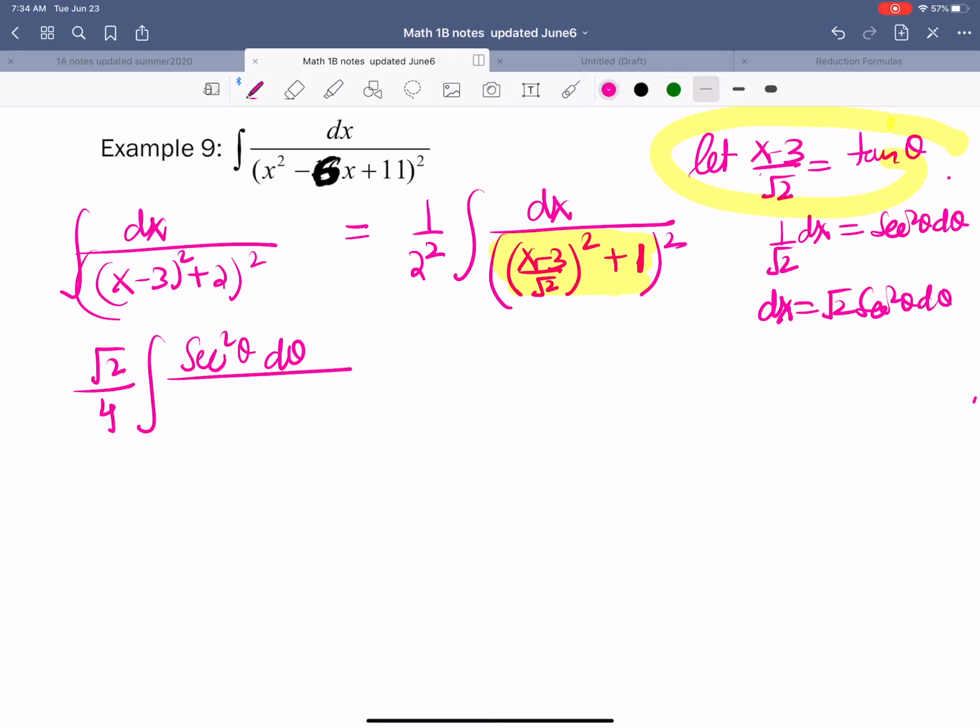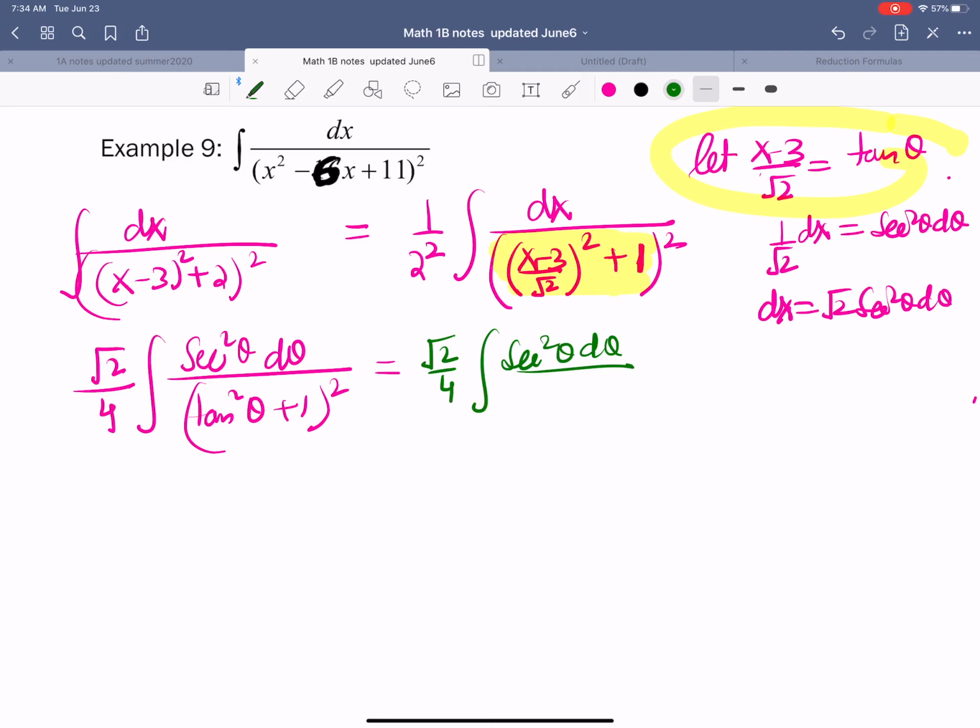And the denominator turns out to be tangent squared theta plus 1 to the second power. Which turns out to be root 2 divided by 4 secant squared theta d theta on the top. What's tan squared theta plus 1 equal to?